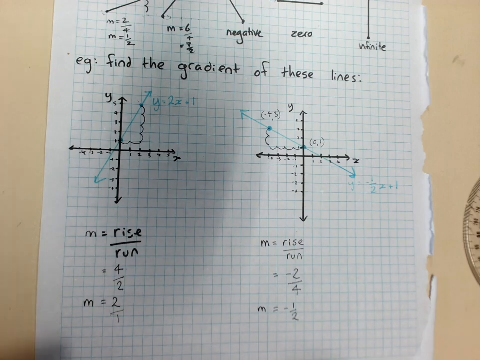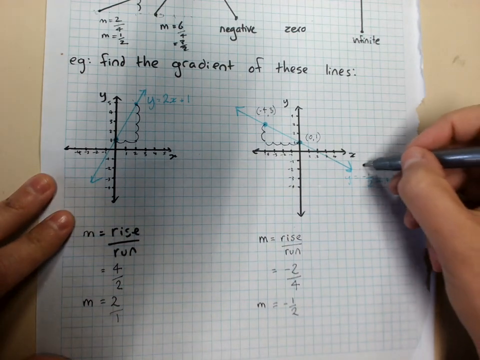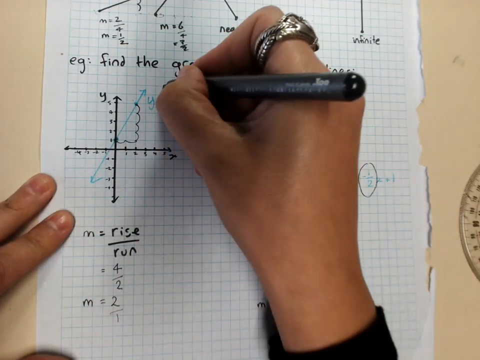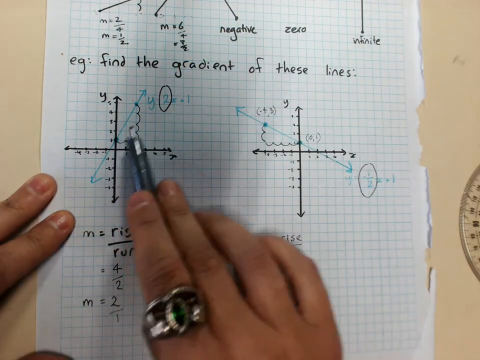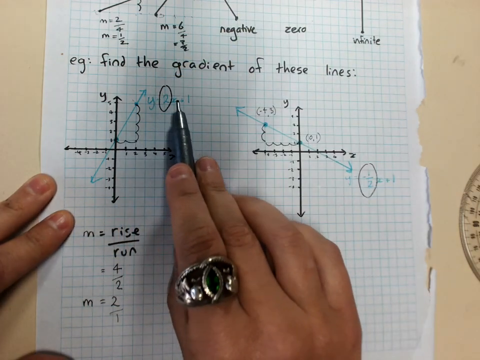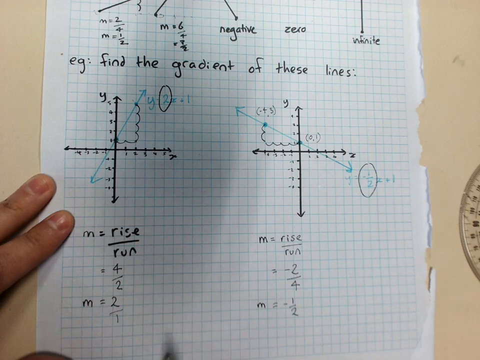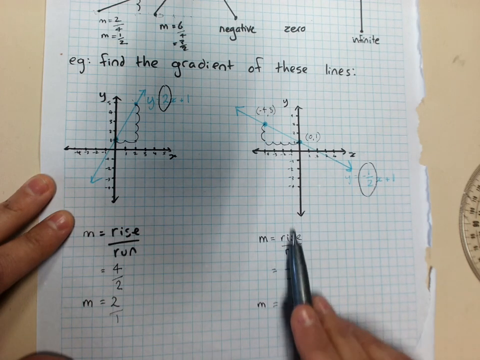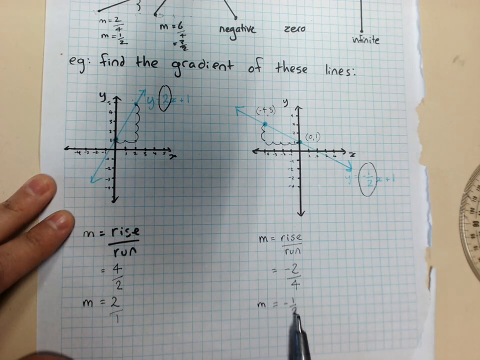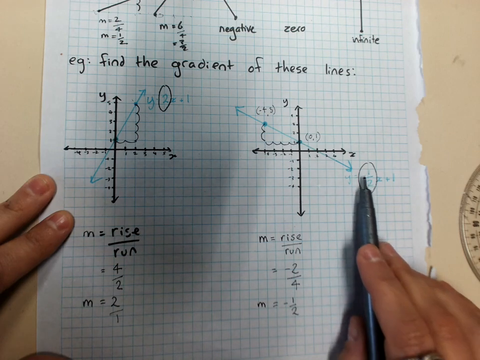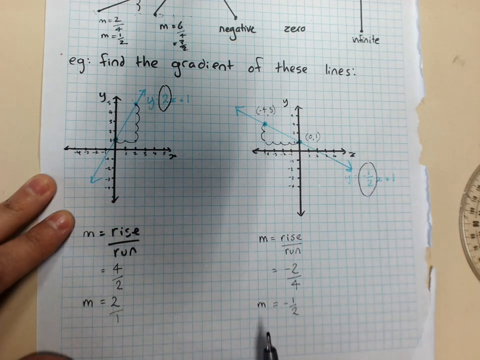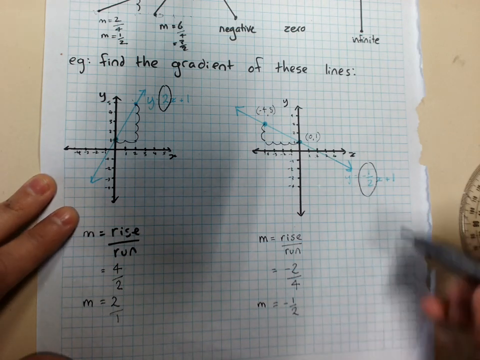You'll notice that the gradient is actually given to us in the rule of the line. This graph has a gradient of 2, and there it is, the coefficient of x. This graph has a gradient of negative a half, and there is negative a half in the rule of the line.